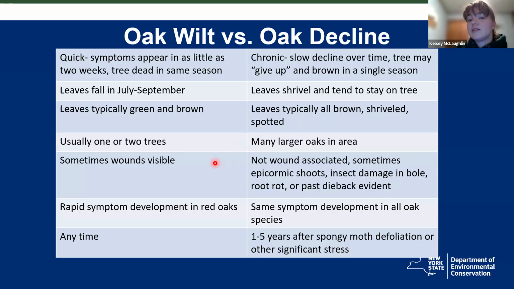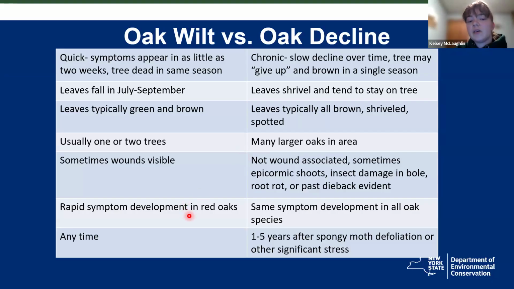With oak decline, it's not wound associated, but sometimes you'll see other signs of stress that we talked about earlier. So you'll see those epicormic shoots, or sometimes you'll see insect damage in the trunk, or you'll see signs of root rot or signs of past dieback. And those can kind of help you put together what's happened.